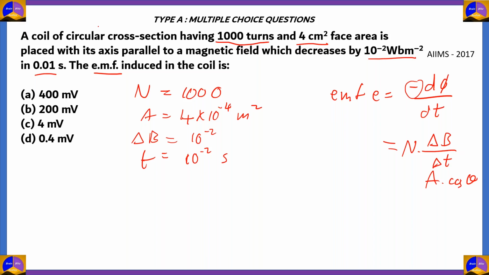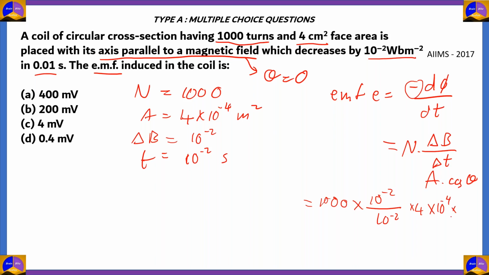Now, here it says that the axis is parallel to a magnetic field, so therefore theta will be equal to 0. So therefore we have N, which is 1,000, times delta B, which is 10 raised to minus 2, divided by the time again, which is 10 raised to minus 2, times 4, times 10 raised to minus 4, times cos 0, which is 1.